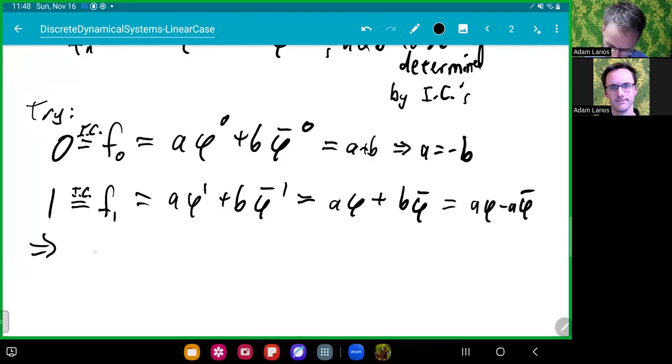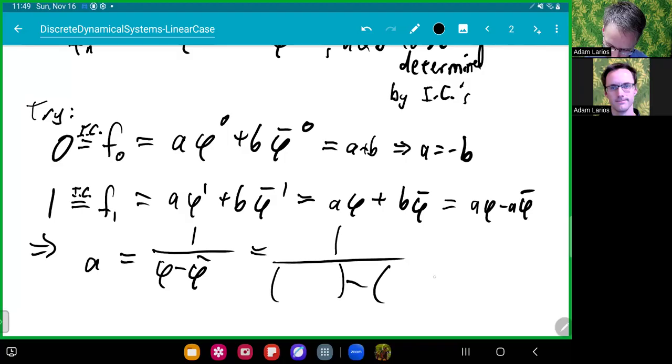Maybe we can just, I think it's pretty clear, we can just solve from here. This is 1 divided by phi minus phi bar for A. Phi minus phi bar, though, this is 1 divided by, well, phi is 1/2 plus square root of 5 divided by 2. Phi bar is 1/2 minus square root of 5 divided by 2.